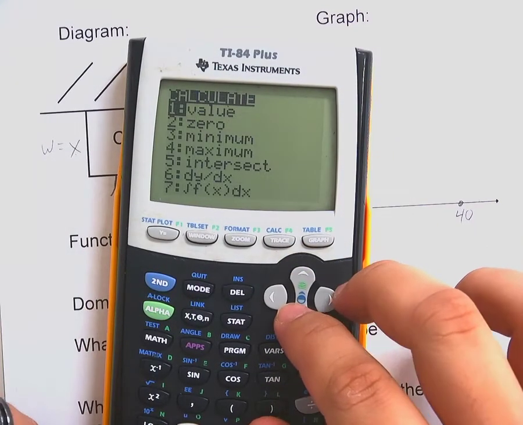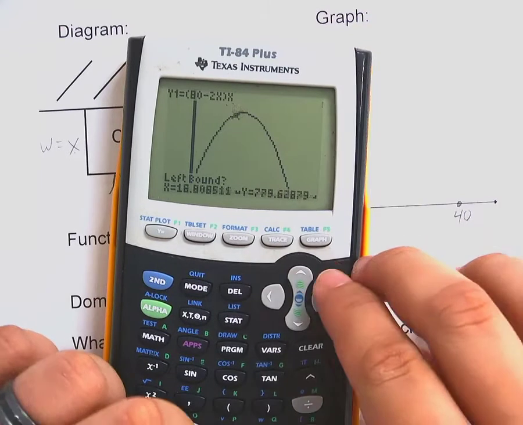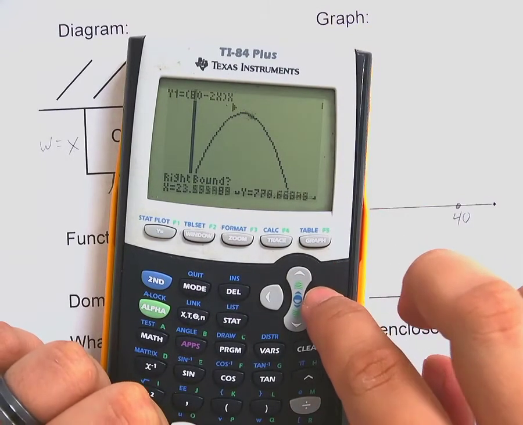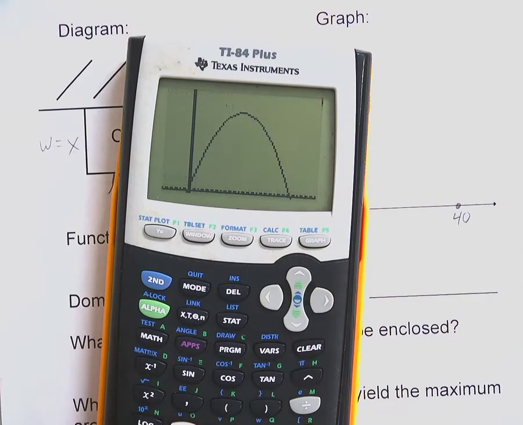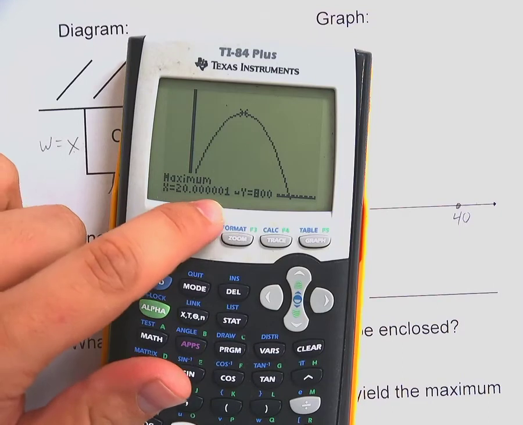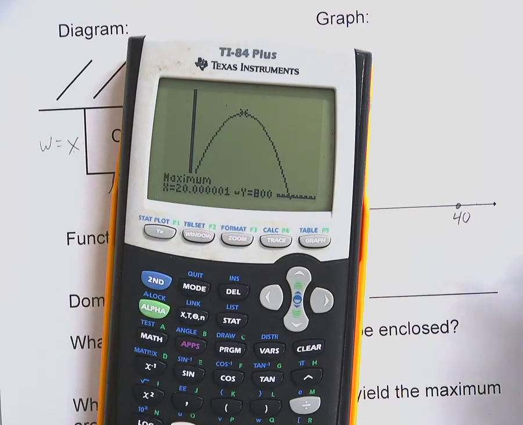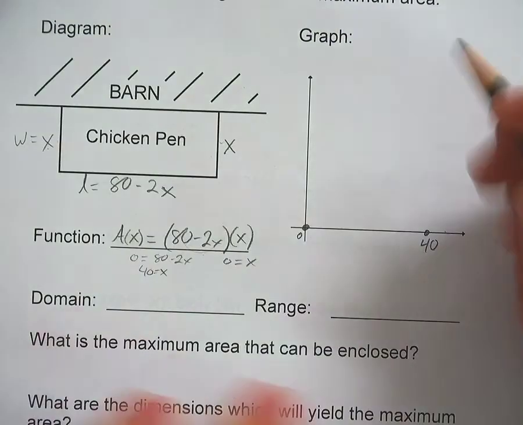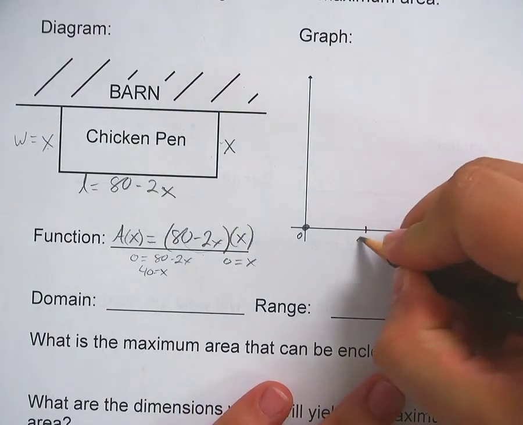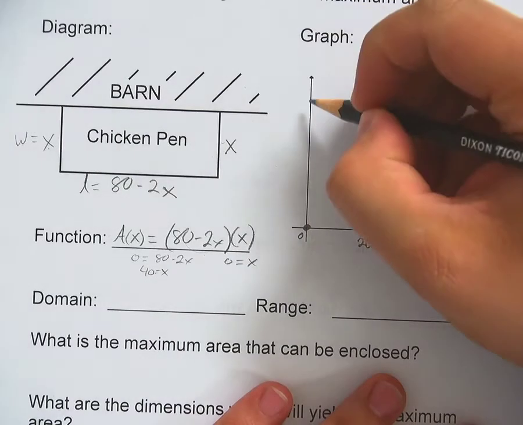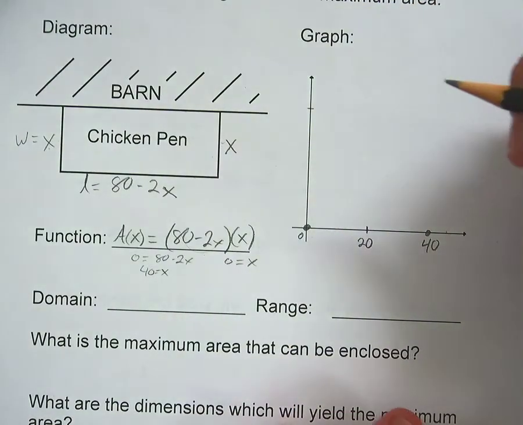Second trace, 4 for maximum, left bound, right bound, enter. And it looks like it happens at 20.000001, comma 800. So we can probably call that an even 20, I would reckon to say. So at 20, I have a maximum value of 800.